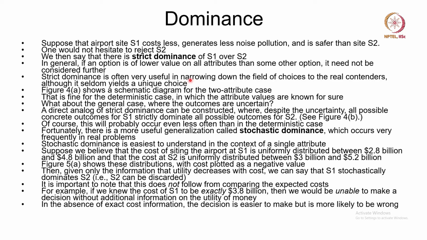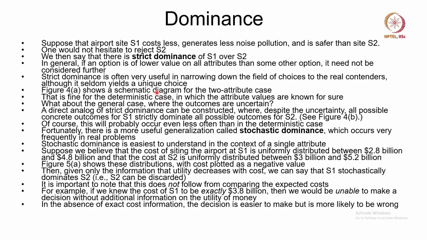So when strict dominance is there, it becomes easy to narrow down the field. Usually you may have a lot more choices available, but to bring the choices down to just a few, you can use strict dominance and remove some of those choices.